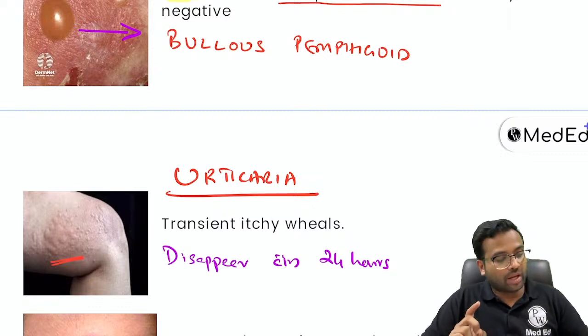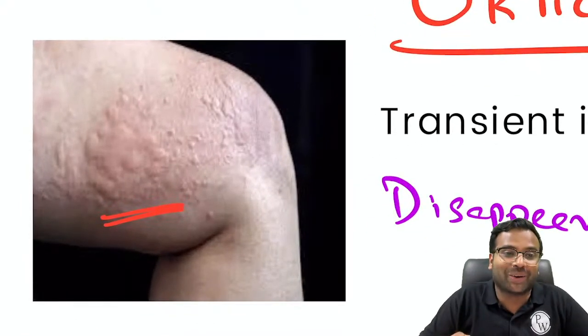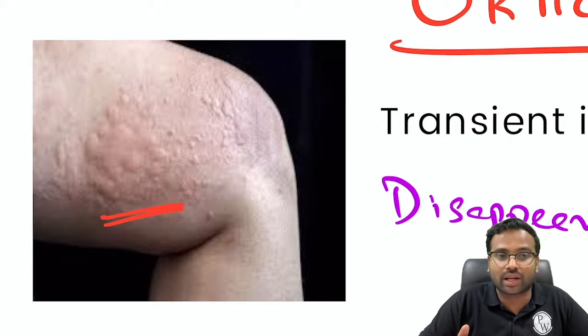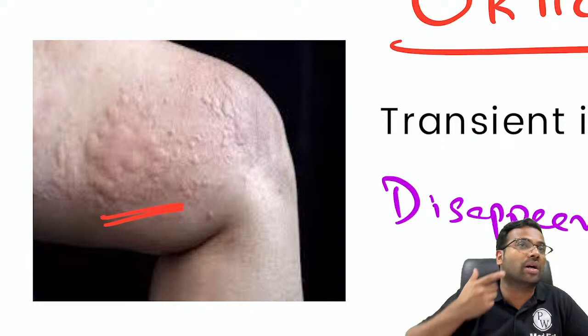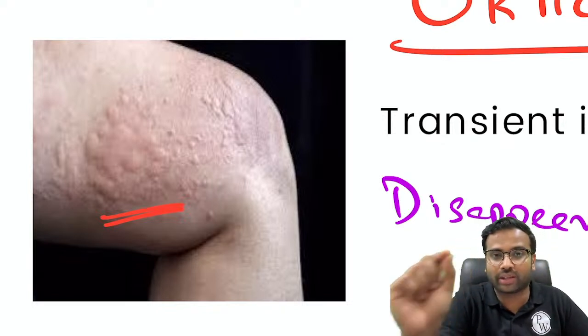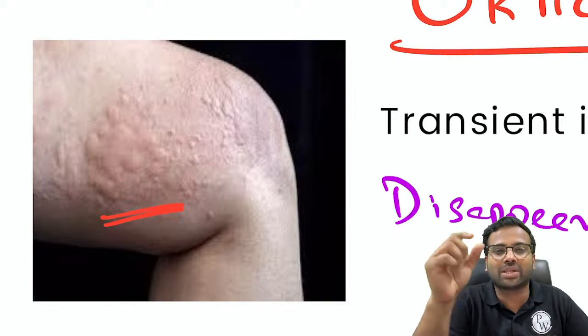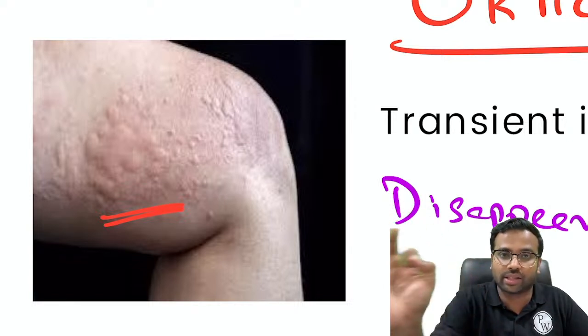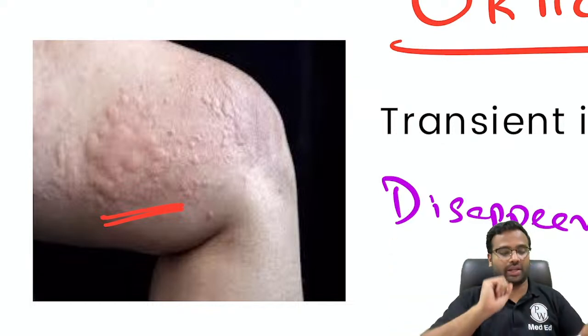So for your exam, the area where you have to stay focused is that today in our discussion, I'm showing you some other body part. On the day of exam, if you find some urticaria lesion over the face, still you should be able to mark the answer as right, because it can be seen in any part of the body. Whenever you find edema underneath the skin, the answer is going to be urticaria.